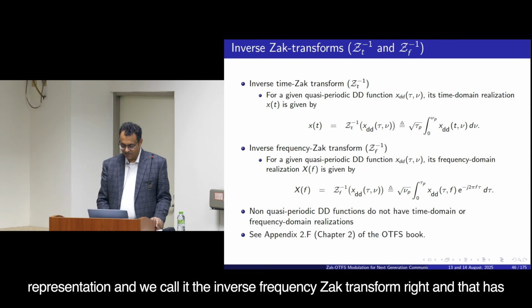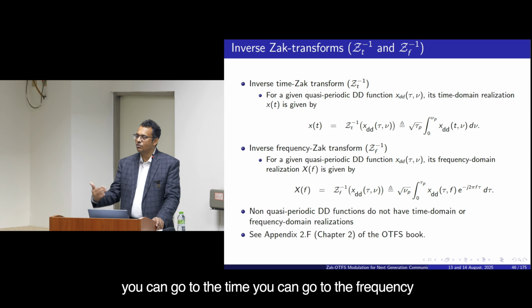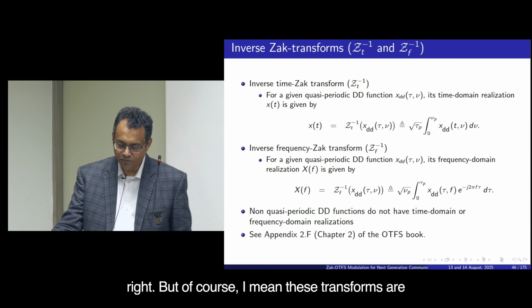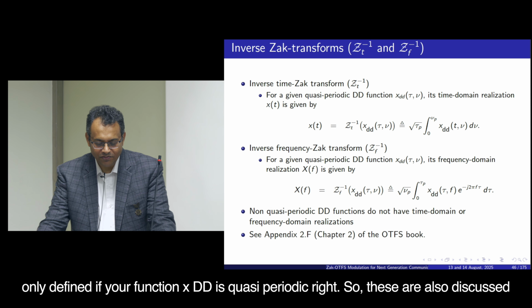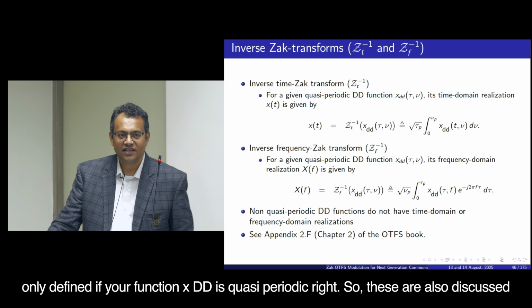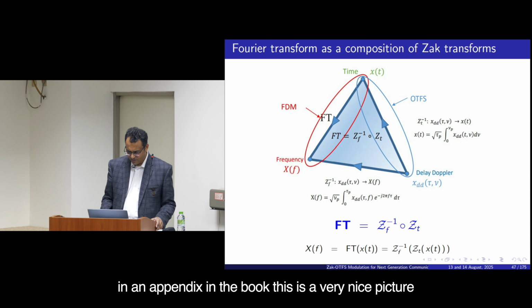And that has this expression, because from the DD domain you can go to the time or to the frequency, right? But of course, these transforms are only defined if your function x_dd is quasi-periodic, right. These are also discussed in an appendix in the book.